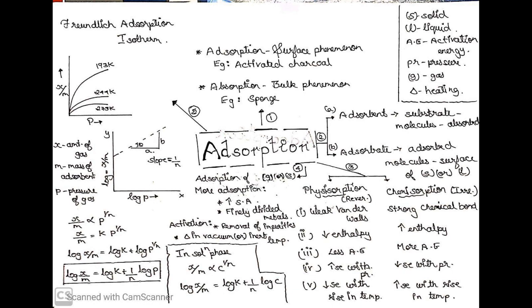This adsorption sketch note or concept map has been done by Gokul. So he has illustrated his sketch note. He has tried to include everything and he has included the plots also very nicely. Okay, so that is P versus x by m. That is very, very important.